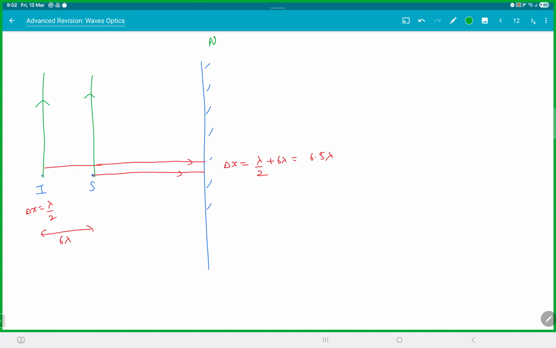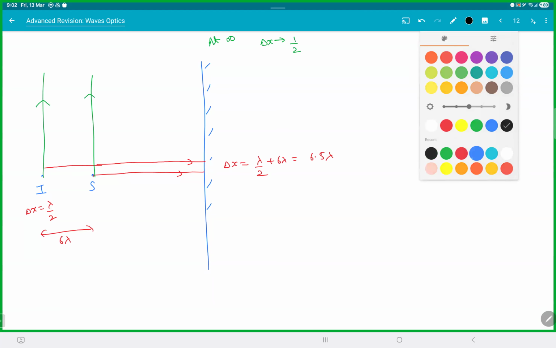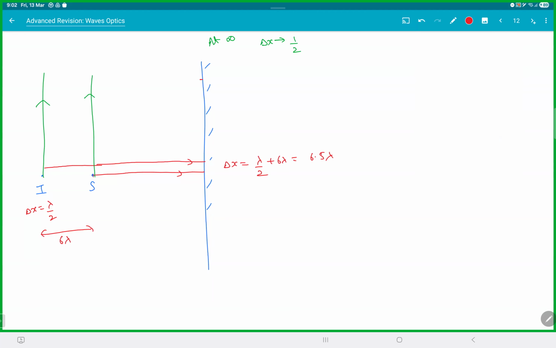Then send the light rays parallel like this. So at infinity, the path difference delta x is half. So the logic is this. If this is half here, that means n is equal to 1 will be somewhere here, n is equal to 2 will be here, n is equal to 3 here, 4 here, 5 here, 6 here. Similarly 6, 5, 4, 3, 2, 1. So how many do you have? 1, 2, 3, 4, 5, 6, and 6.